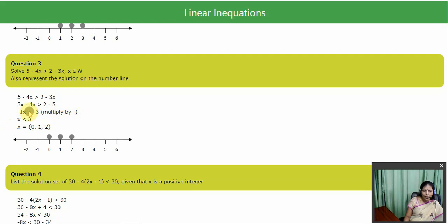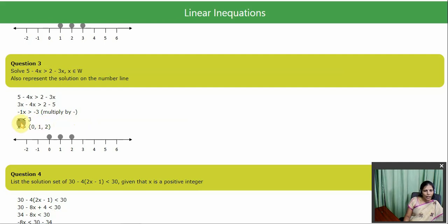What will happen to the inequality? The inequality gets reversed, as we saw in the rule earlier. When you multiply with a negative number, the inequality gets reversed. So x is less than 3.